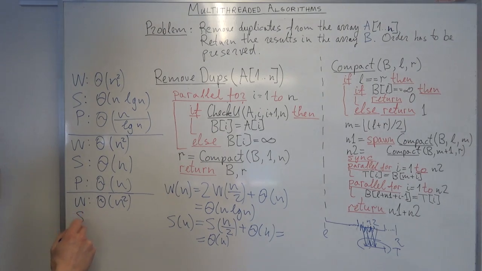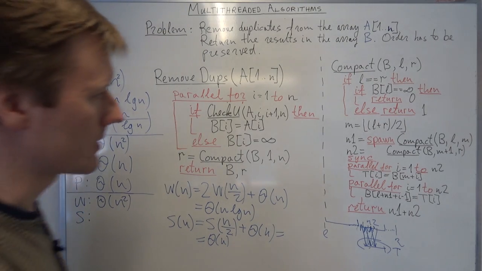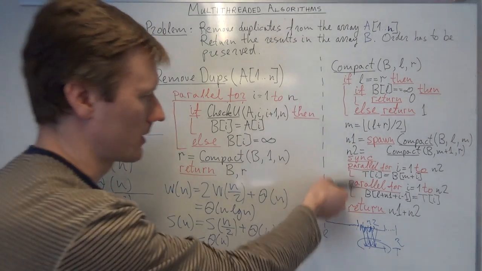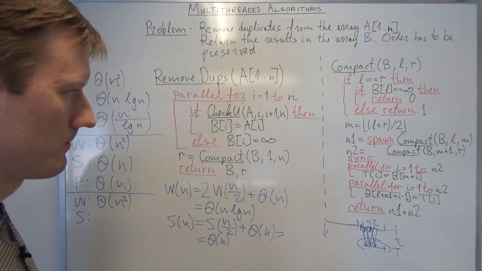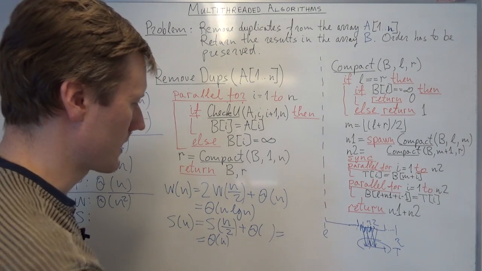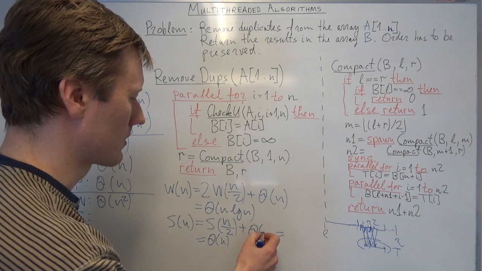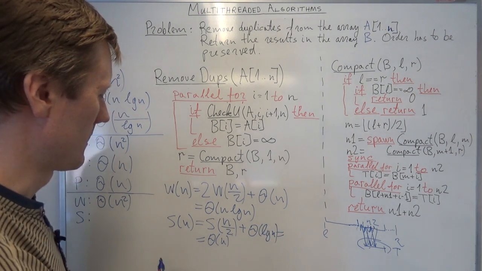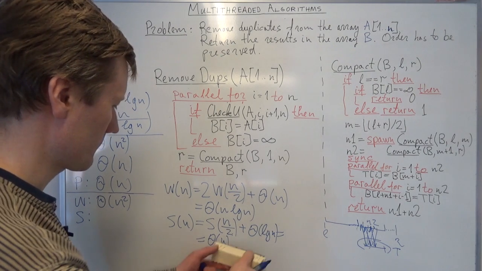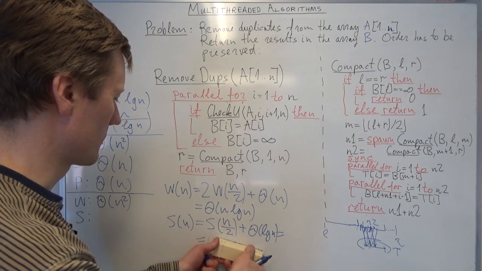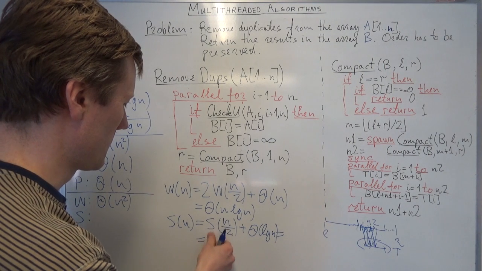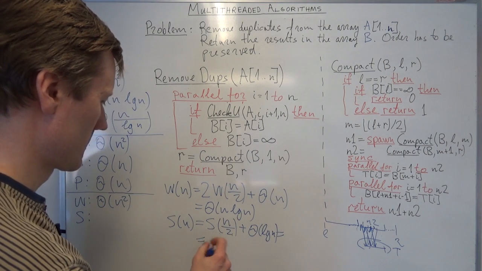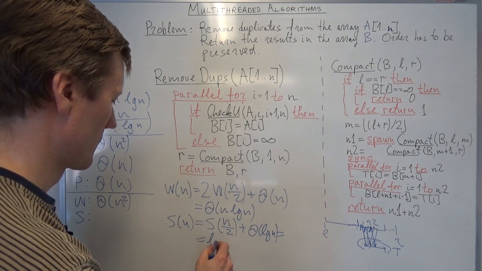How about the span? So let's look at the span of this. Now we parallelized this combined step. So this combined step is now not n, but log n. Then this turns into a simple series like so.